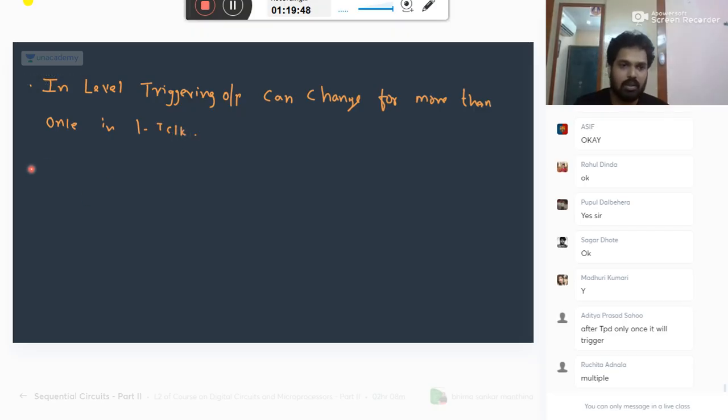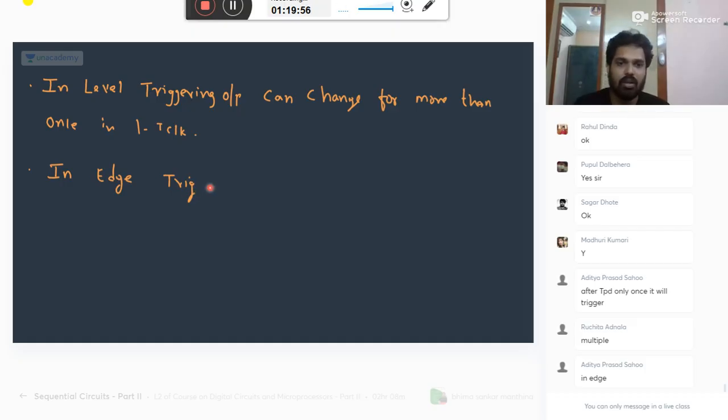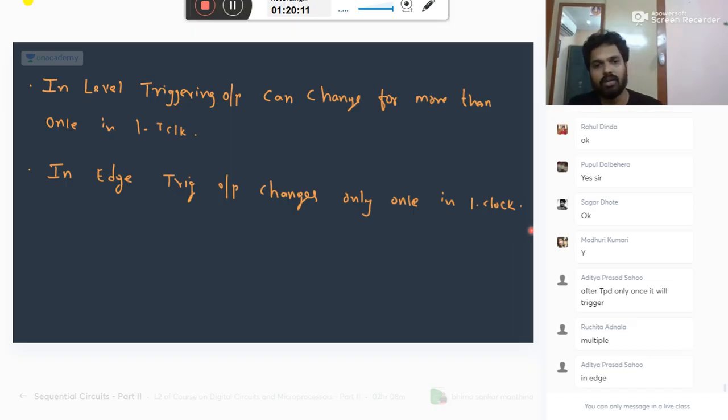But in edge triggering, it is not for JK, it can be for any flip flop. In edge triggering, output changes only once in one clock. Okay, so here there is no race condition.